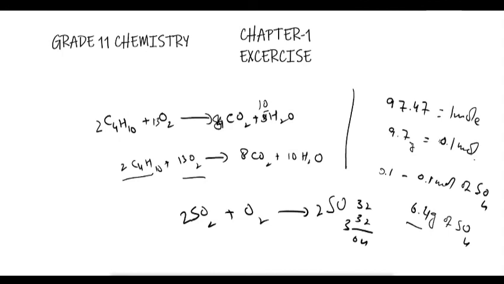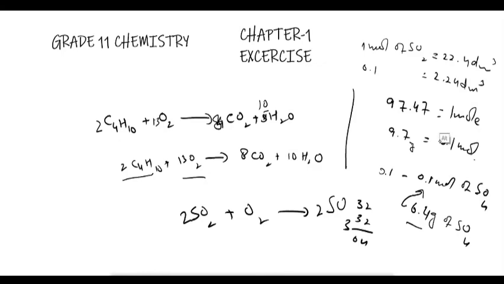But we have to calculate the volume of sulfur dioxide produced, and that we can do from the number of moles. So 1 mole of sulfur dioxide is equal to 22.4 dm cube. So 0.1 would be equal to 2.24 dm cube.